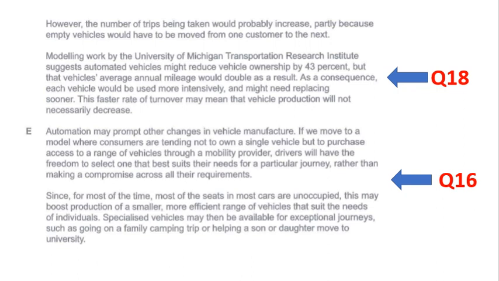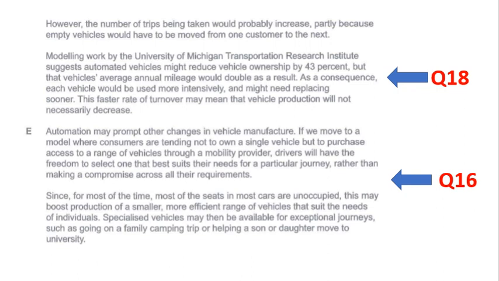But that vehicle's average mileage would double. So that means that as the number of trips are increasing, mileage would definitely double. As a consequence, each vehicle would be used more intensively and might need replacing sooner.